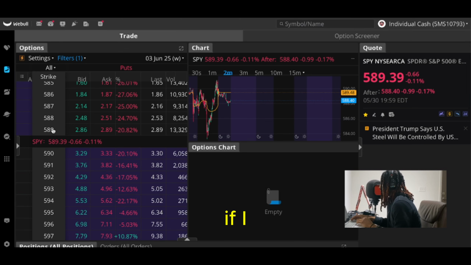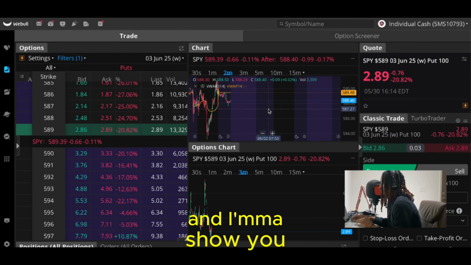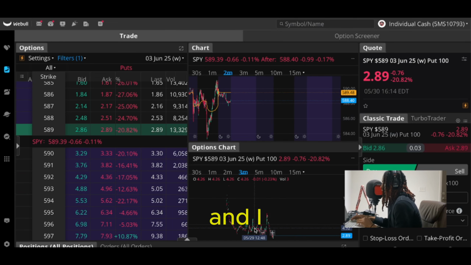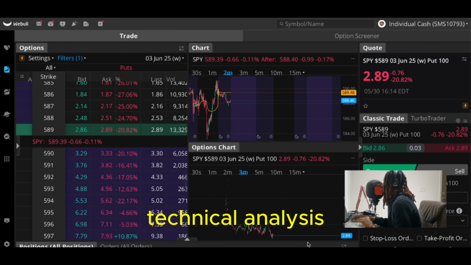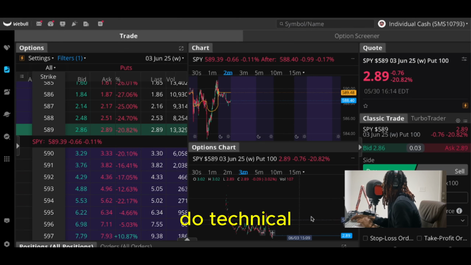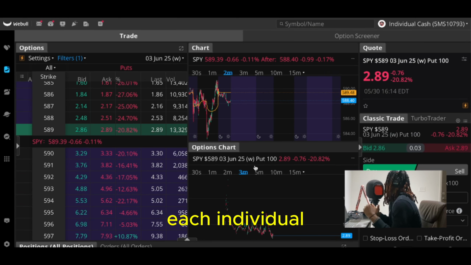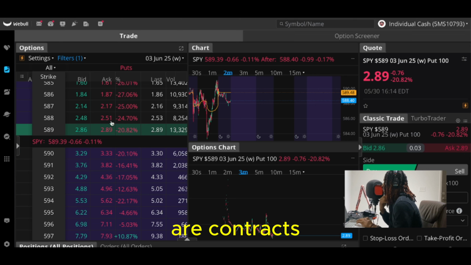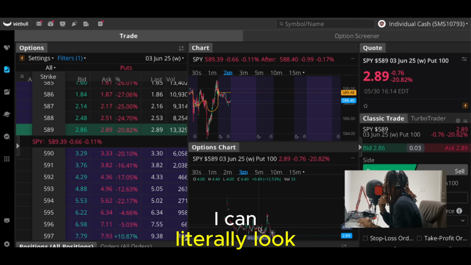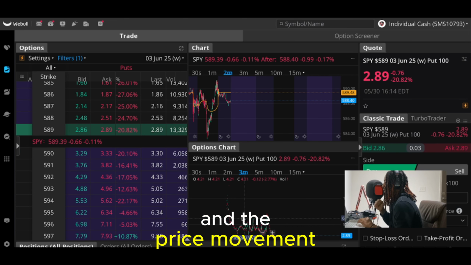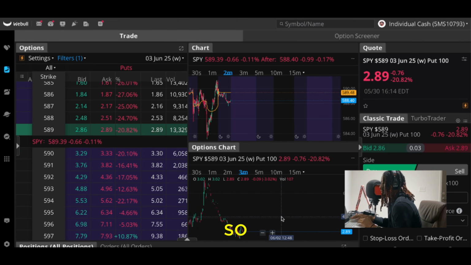You're looking at that, if I got into those 589 puts. And I'm gonna show you where the price movement was. And remember, on this section of the Webull, I use Webull for technical analysis as well, but you can also do technical analysis on each individual contract. Each of these rows are contracts. So when I select the individual contract, I can literally look at the candlesticks and the price movement of that individual contract.